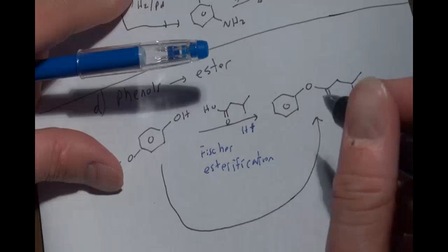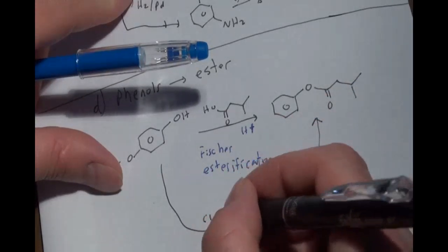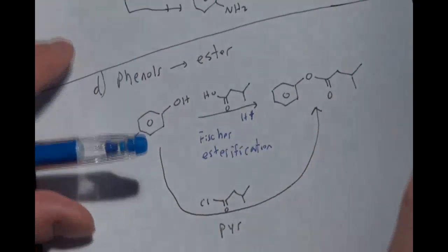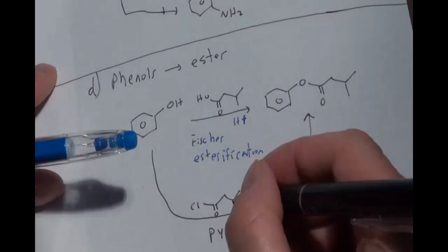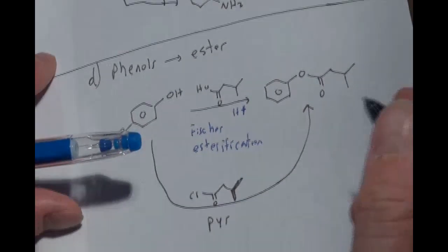Any other ways you could do it? We could do an acid chloride. Right, that's the other way we've emphasized making esters.